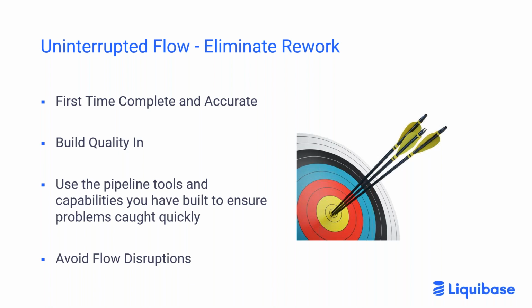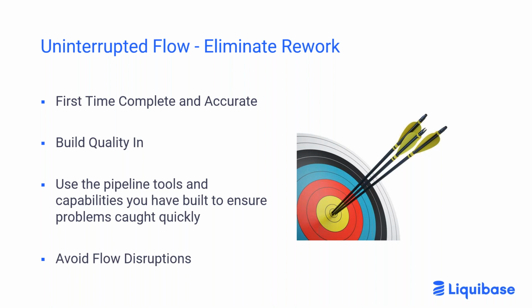This is why when you hear discussions from high-end digital native, cloud native type companies of how they get things deployed every couple of minutes and very short lead times through their pipelines, they've gotten to this level of optimization where they've got a high degree of confidence that changes come through first time, complete, and accurate. They have built quality in.